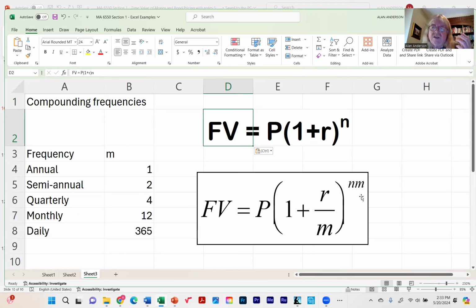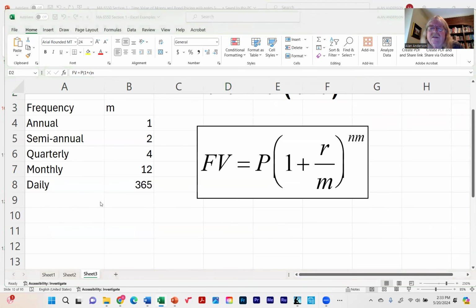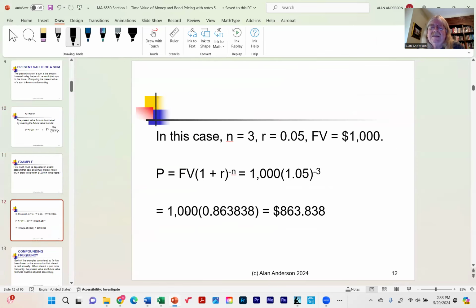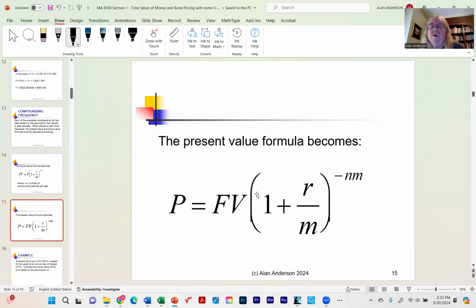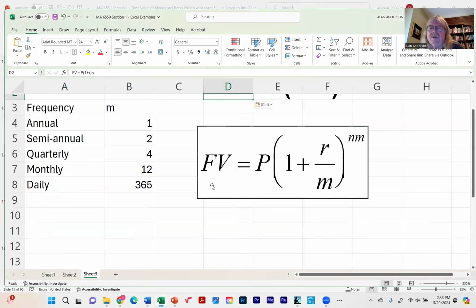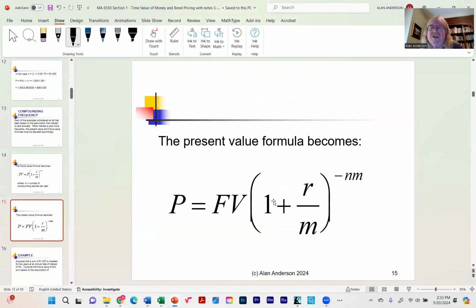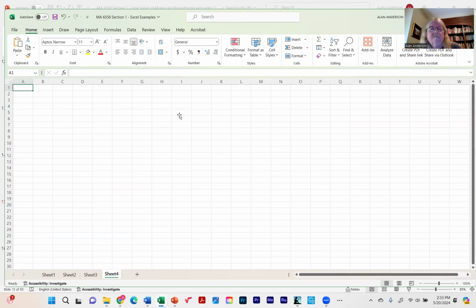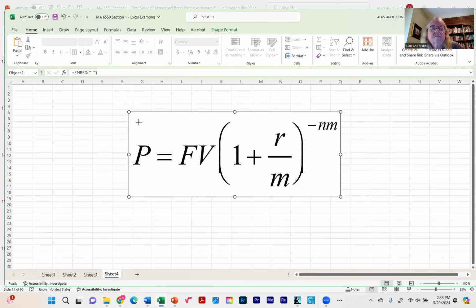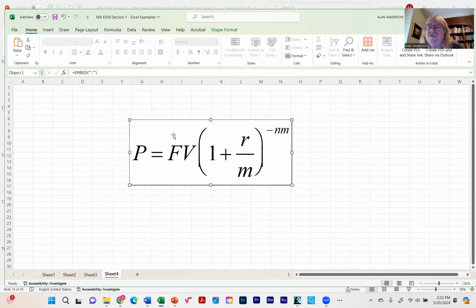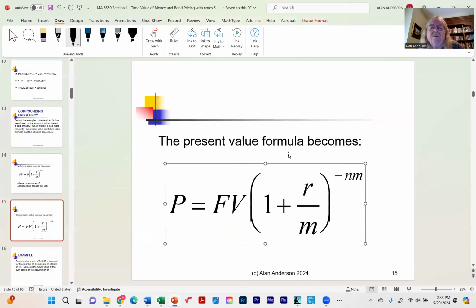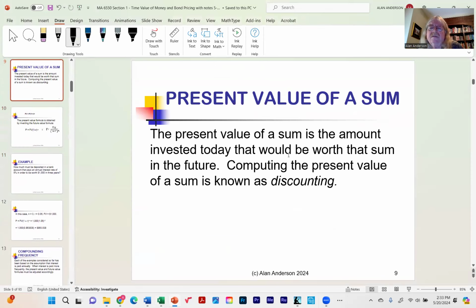So in other words, the M adjusts the formula to the frequency with which interest is compounded. Now that, of course, makes things a little messier for us, a lot messier. And by the way, of course, here's the corresponding present value formula, which I think I will put on the next slide or the next sheet. But it's the same principle. Okay, you're just adjusting the rate of interest and the number of periods so that it is consistent with the compounding frequency that we're earning or paying, as the case may be.